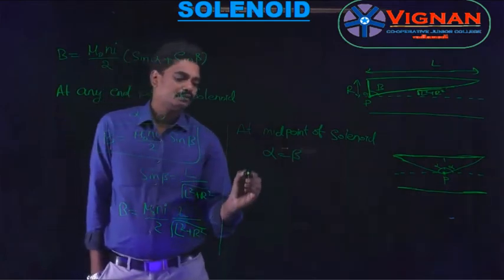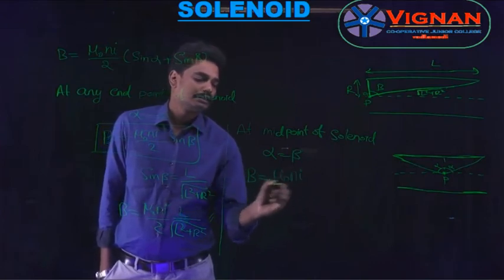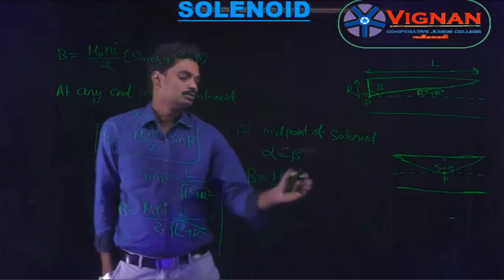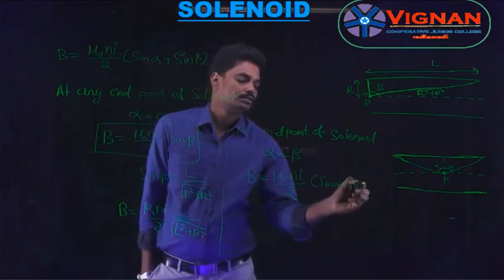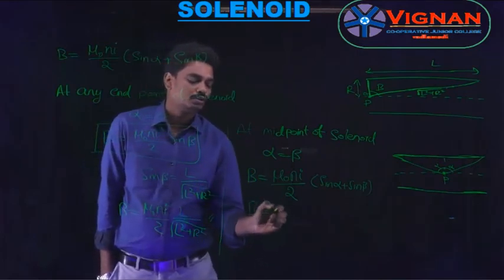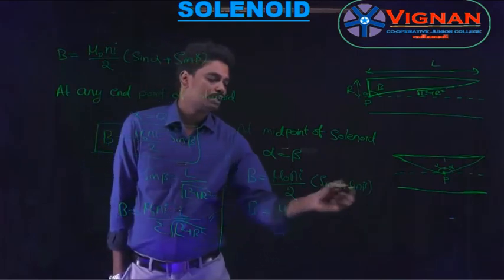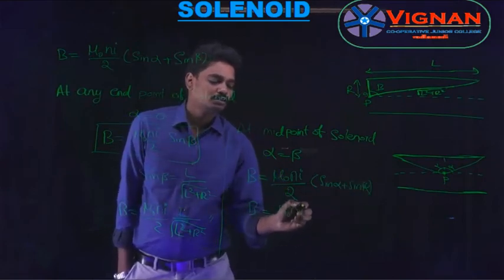Then the magnetic field induction B is equal to mu naught Ni by 2 into (sine alpha plus sine beta). Sine alpha plus sine alpha is 2 sine alpha.